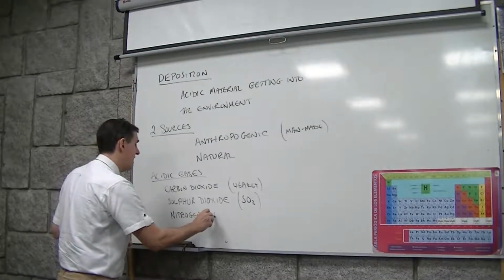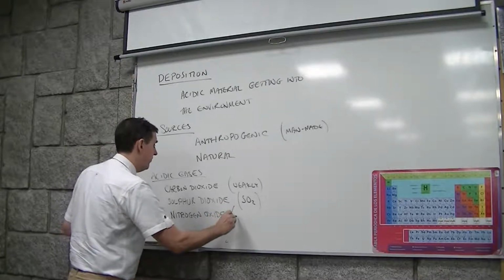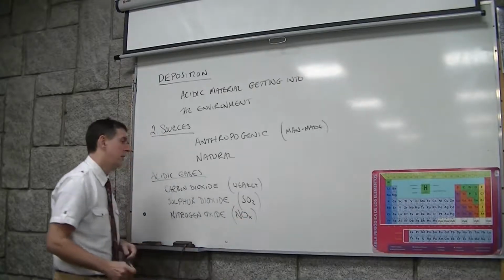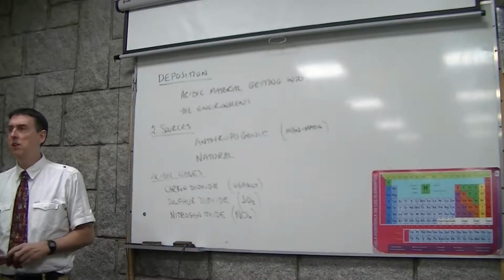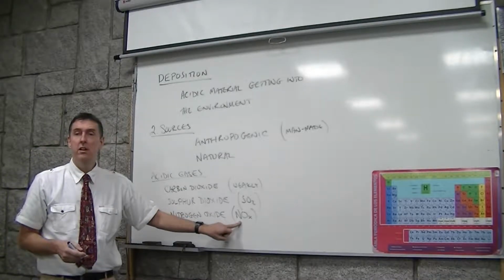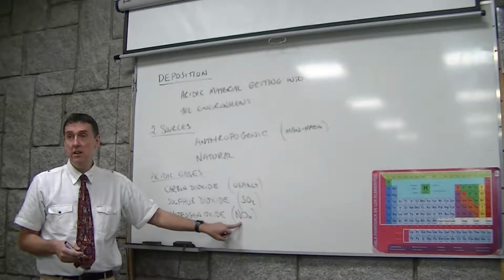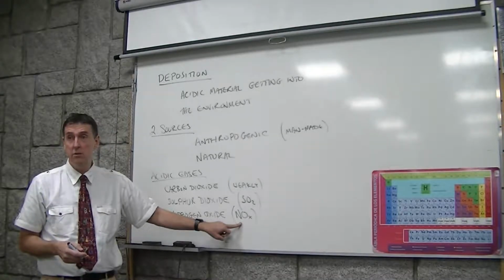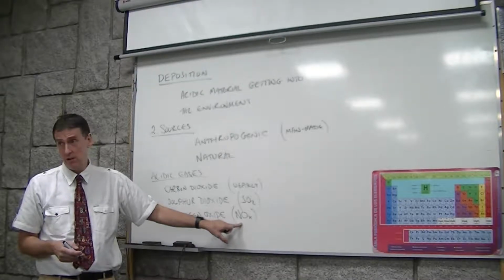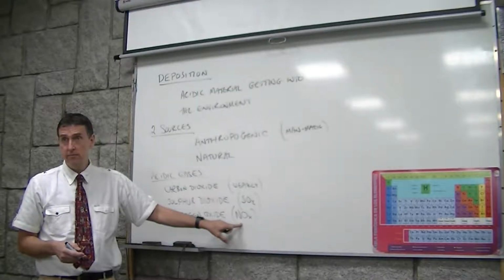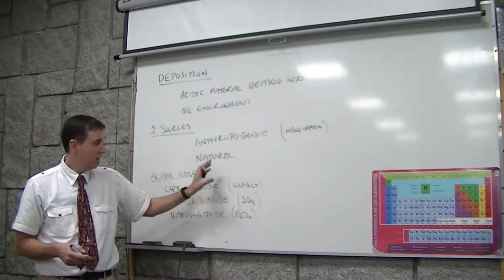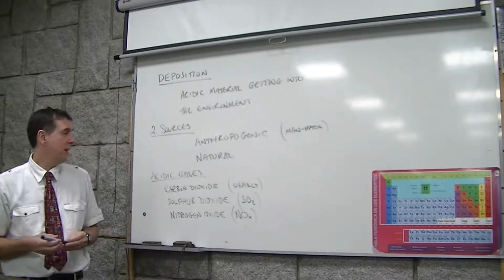And because there are several of them, we give this the formula NOx in this kind of realm of chemistry. So this could be nitrogen dioxide, it could be nitrogen monoxide, it could be dinitrogen tetroxide, dinitrogen pentoxide. Is there sulfur trioxide? Well, there is sulfur trioxide, but it is normally formed afterwards. It's not one of the principal gases.